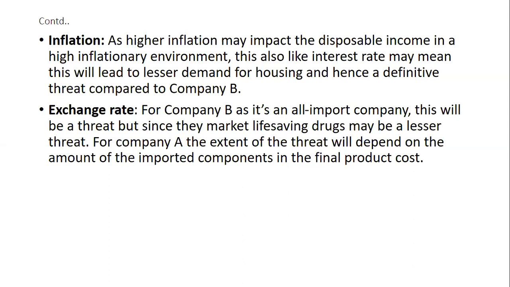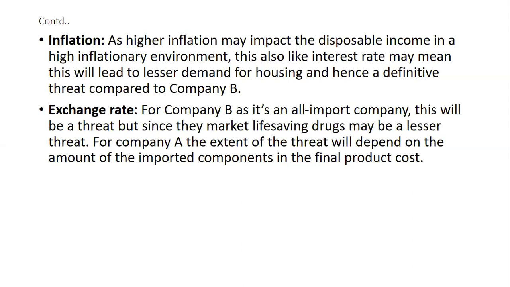Then your apartment costs will go up, because earlier the cost of putting up a 5,000 square feet apartment with 2 bedrooms, bathrooms and veranda was, let's say, 10 million. Now it will cost you at least 13, 14 million, a couple of millions more. Then your selling price will go up.